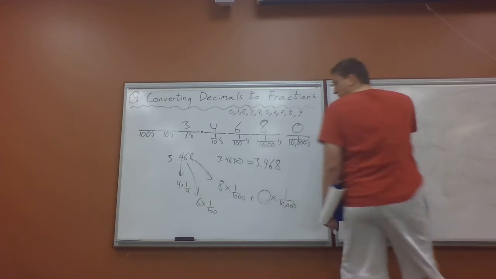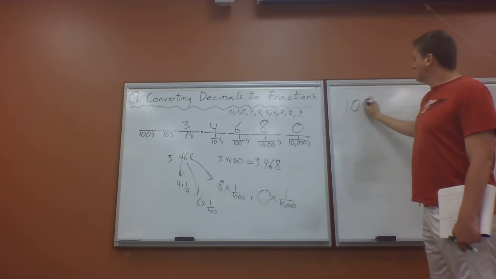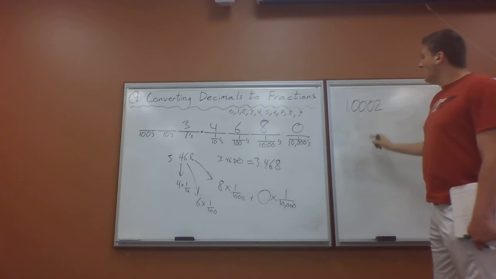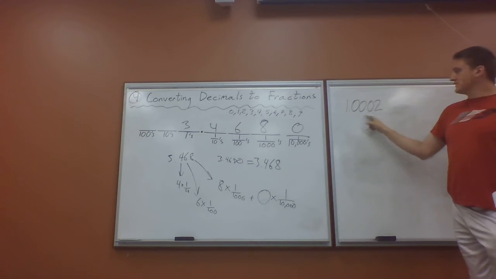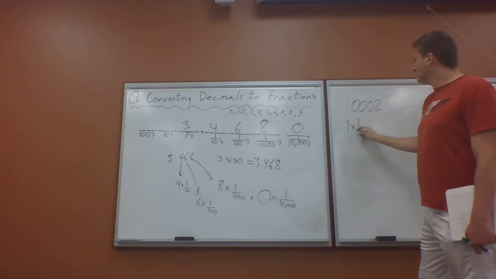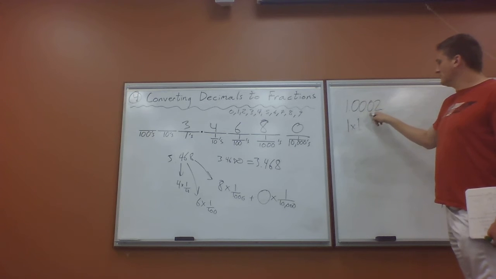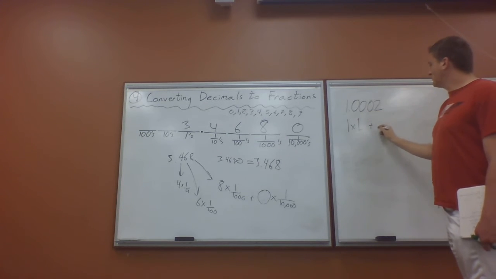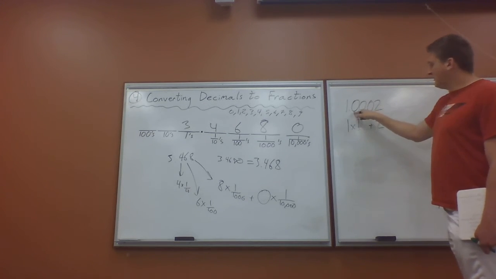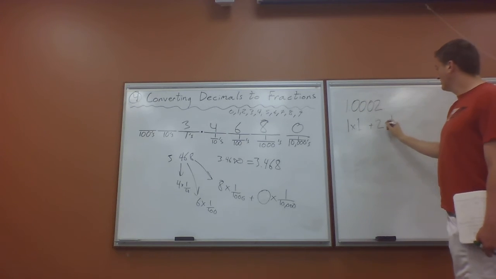If I had a number like 1.0002, I still need to account for those zeros there. This is telling me I have one group of 1, and I have 0 of those, 0 of those, 0 of those, and 2 of those. So I have 2 groups of the tenths, hundredths, thousandths, 10,000ths.